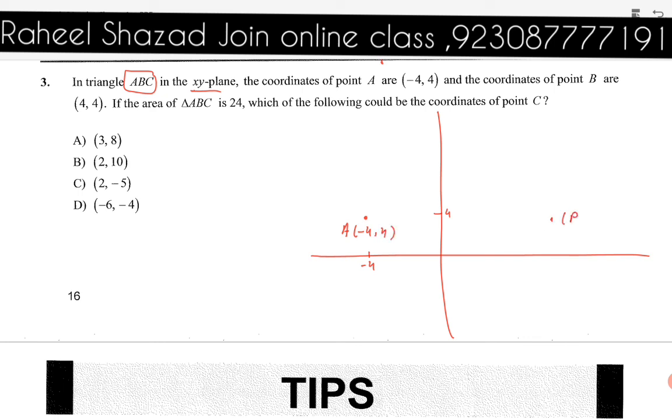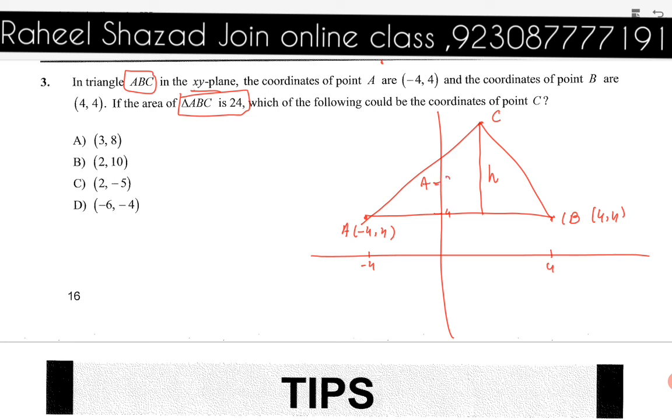Point B is (4, 4), so x is 4 and y is 4. If the area of the triangle is 24, which of the following could be the coordinates of point C? So let's suppose we don't know exactly the coordinates of C, but let's suppose this is C. Now in this triangle, this will be the height and its area is 24.